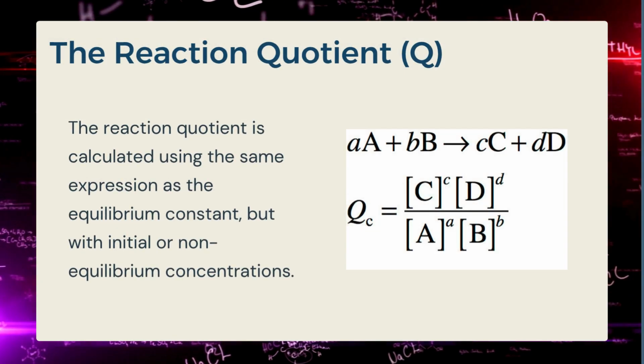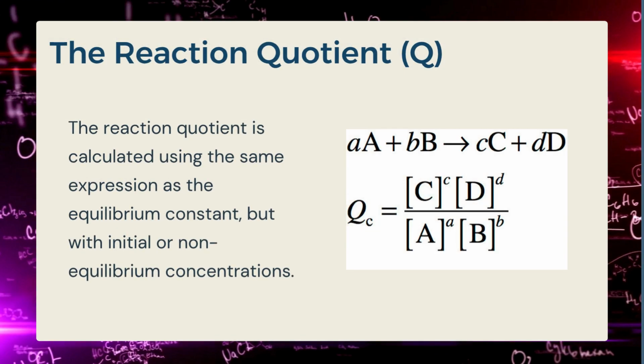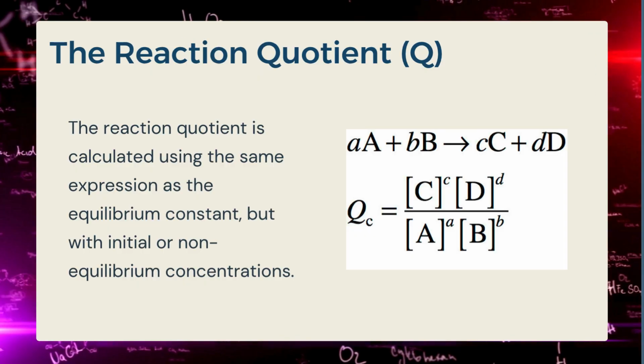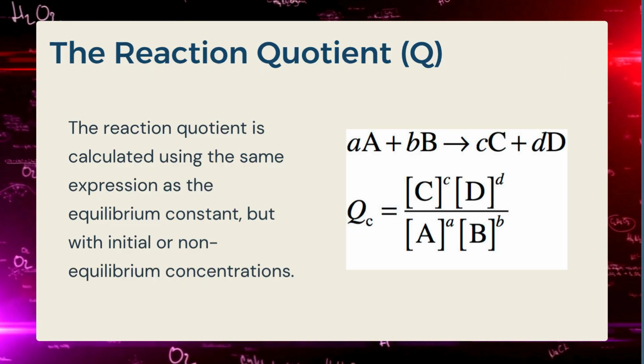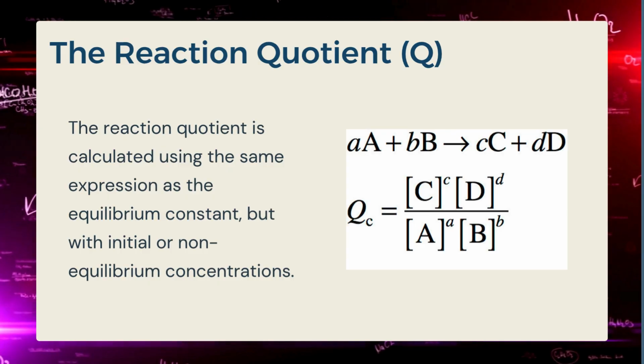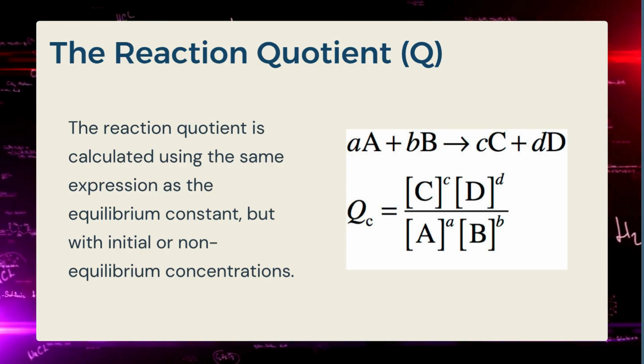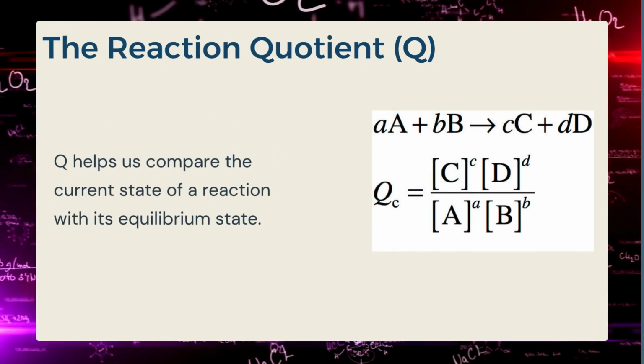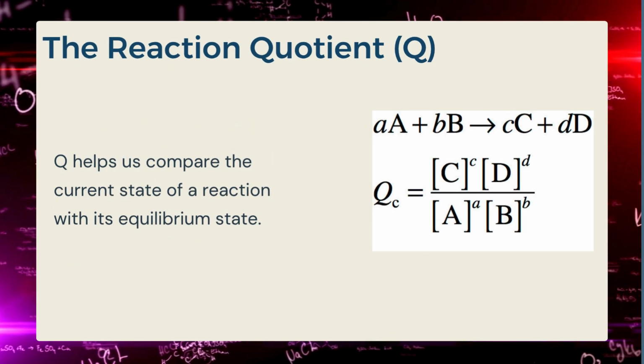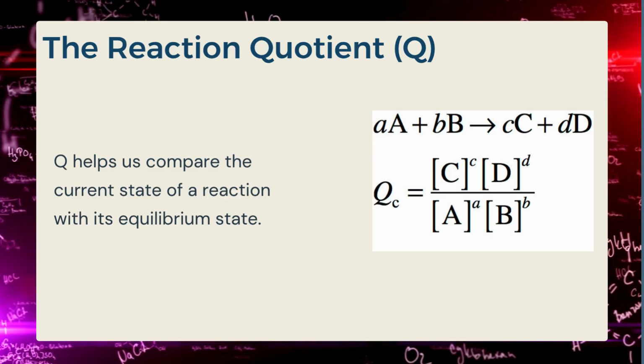Let's now introduce the concept of the reaction quotient, denoted Q or Qc. The reaction quotient is calculated using the same expression as the equilibrium constant, but with initial or non-equilibrium concentrations. Q helps us compare the current state of a reaction with its equilibrium state.